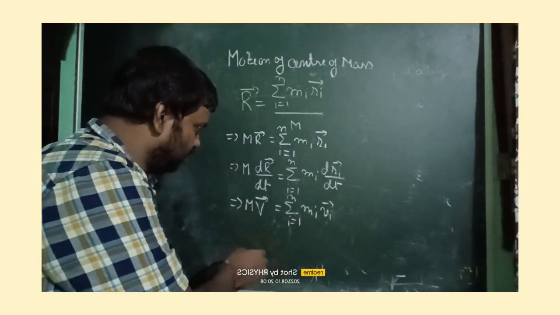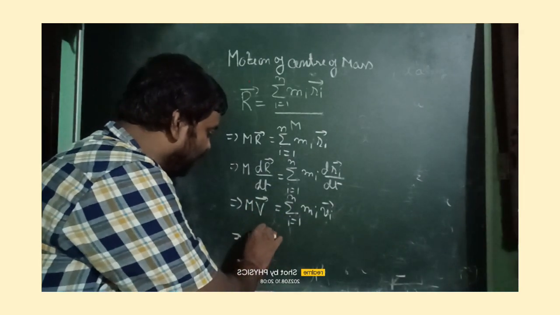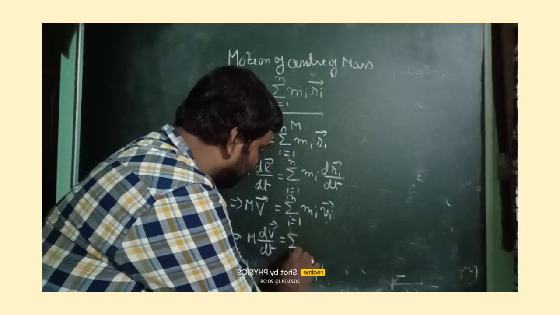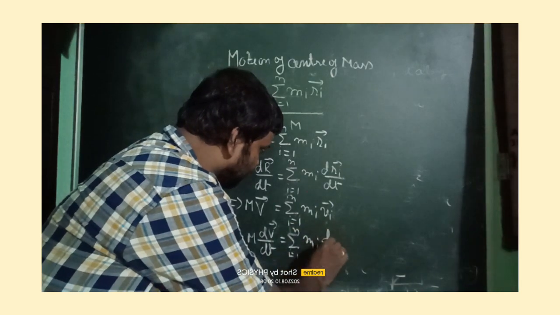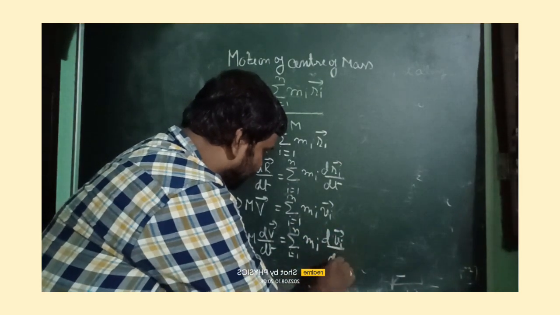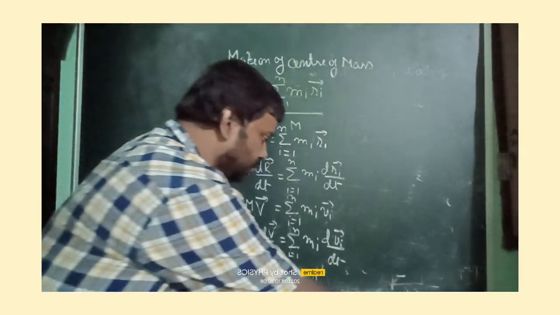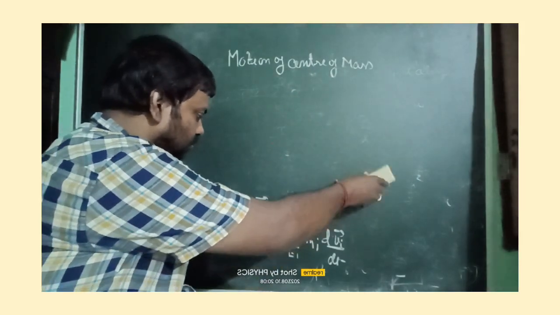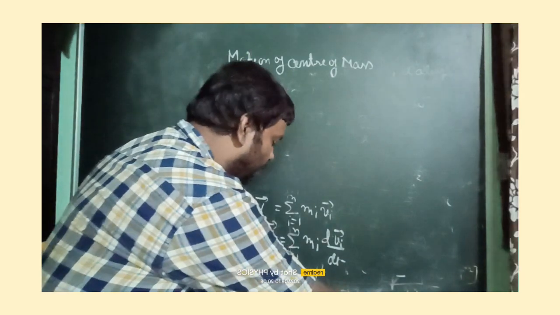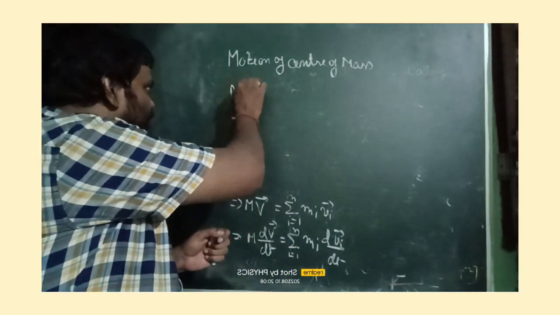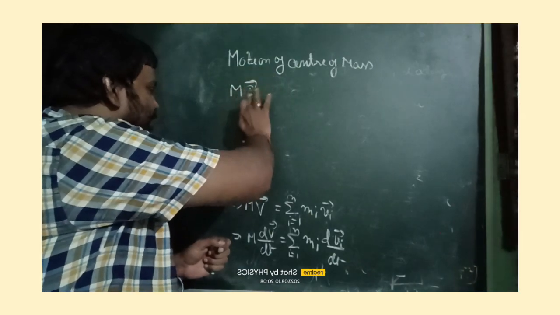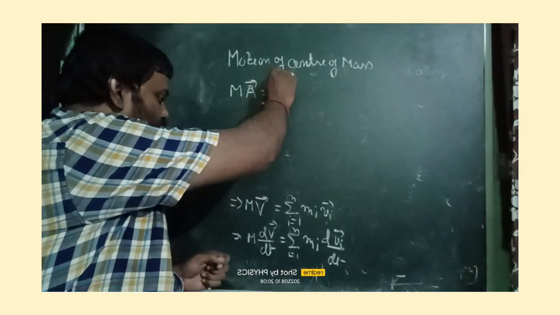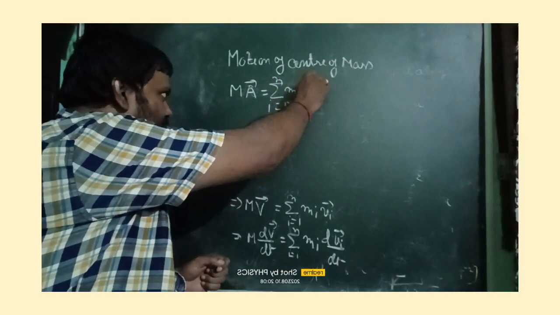Now again differentiating with respect to time, we have m dv vector by dt equals summation of i equals 1 to n of mi dvi vector by dt. So from here we have m into the acceleration of the center of mass, a vector, equals summation of i equals 1 to n of mi ai vector.